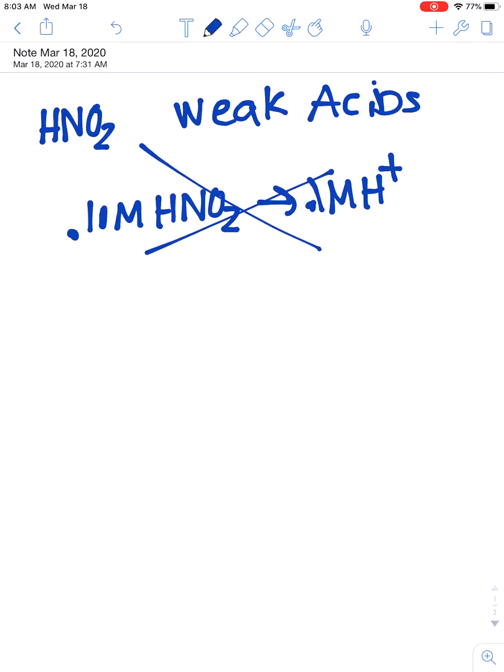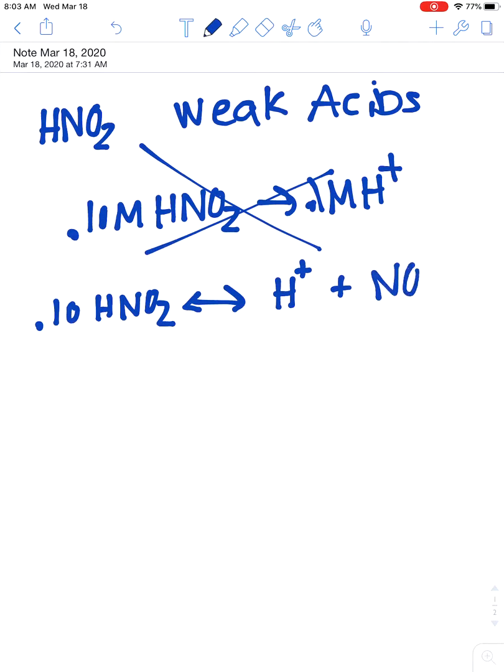So what happens when we have a 0.1 molar solution of a weak acid, or any concentration of a weak acid, we end up getting into an equilibrium situation where we have a certain amount of hydrogen ions and a certain amount of nitrite ions. Now, because this is a weak acid, you hardly have any of these.